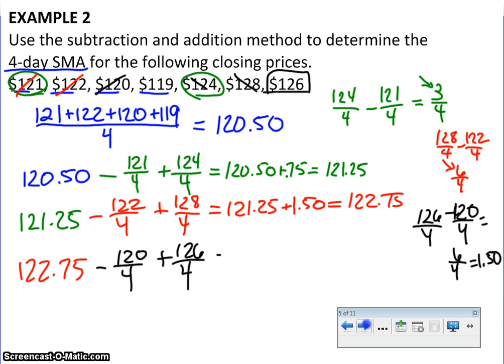So I've got 122.75 plus 1.50 equals 124.25. And that is using our subtraction and addition method.